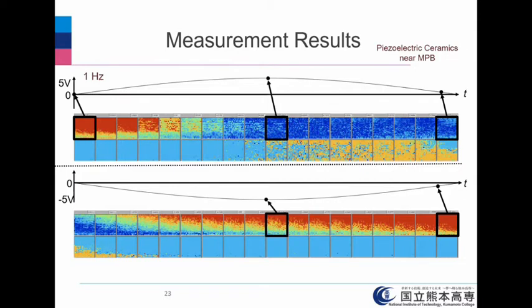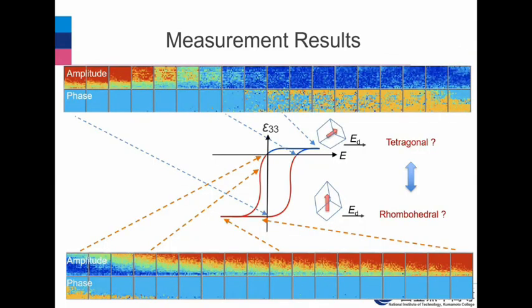Interpretation of this result is still under consideration, but I'm thinking that this kind of phenomenon may have occurred. In this region, the sample is rhombohedral phase, and in this region, the sample is tetragonal phase.